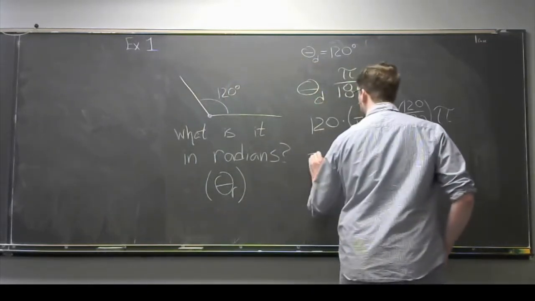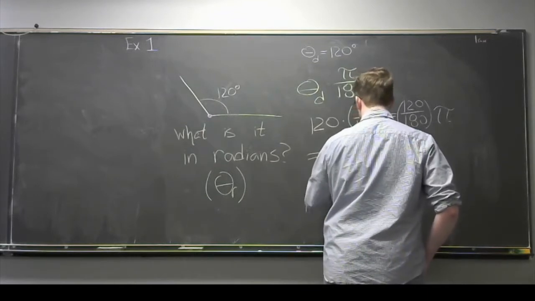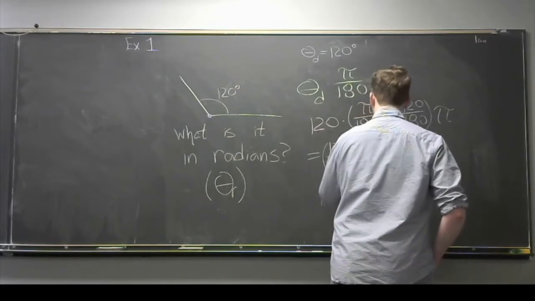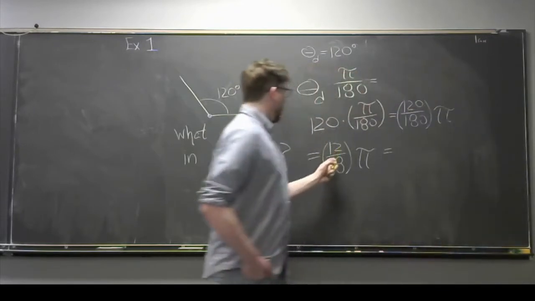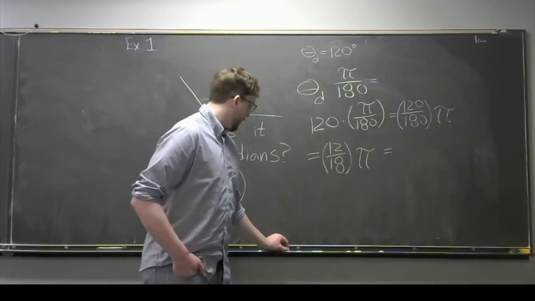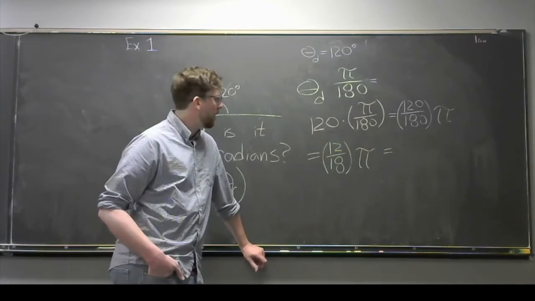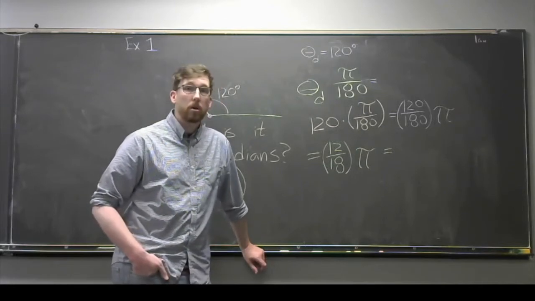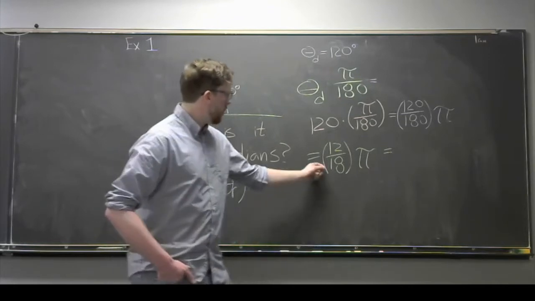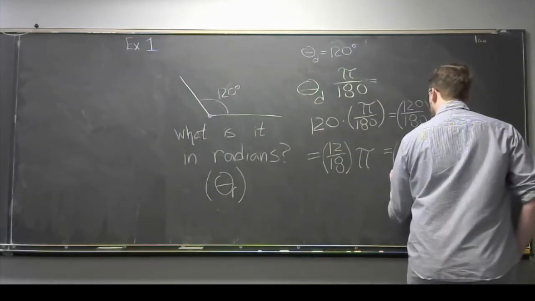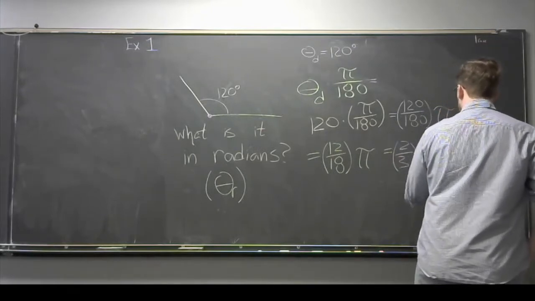So if we do that, we're going to get 12 over 18 times pi. We can reduce this fraction even further to 4 over 6, or to 2 over 3 pi.